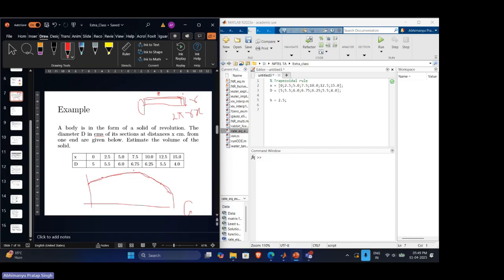No, that wouldn't be it, because I'm taking an element like this, and then calculating the area, so that will basically be a double integral if I do that. There should be a dr over here, and then a dx, and then I take two integrations, right? So what we do in a cylinder is basically calculate the area of a circle, pi r square, and multiply by h. Similarly in this case we calculate the area of this small circle, and we just multiply that.